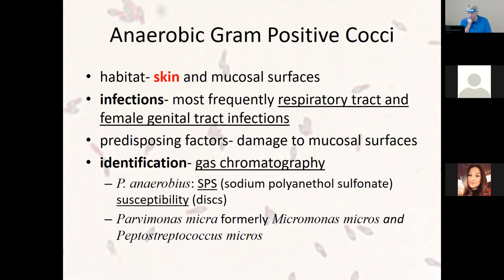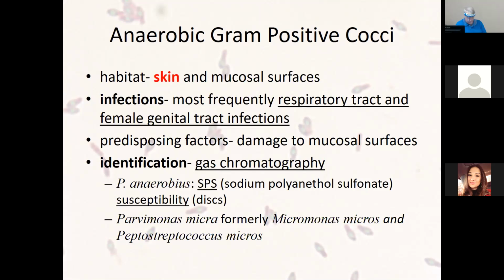So it's got a bunch of names, not just the one. What do you want to go with? Pepto? Yeah, Peptostreptococcus. Do we even have this on our little sheet?